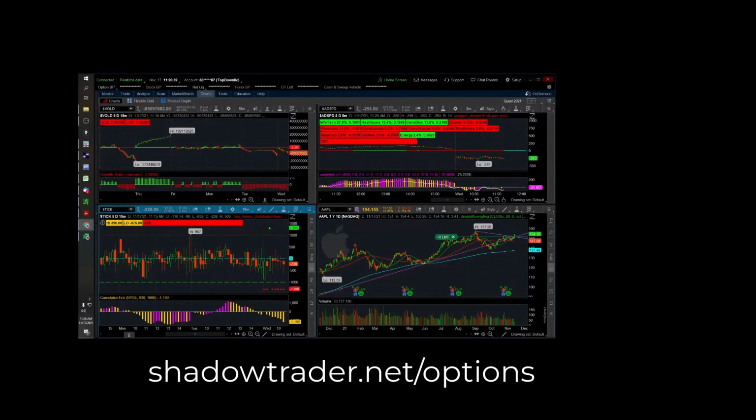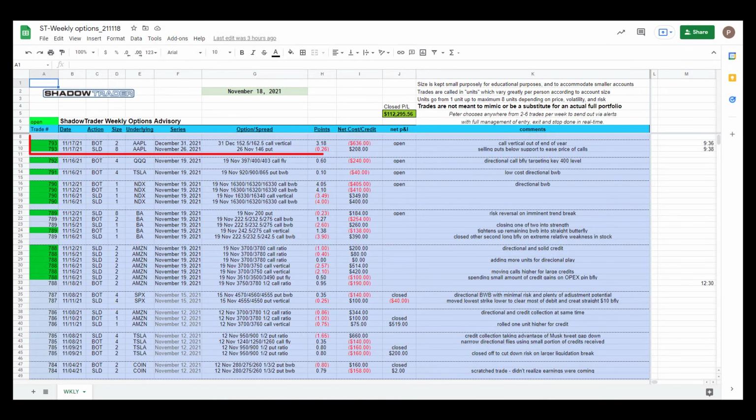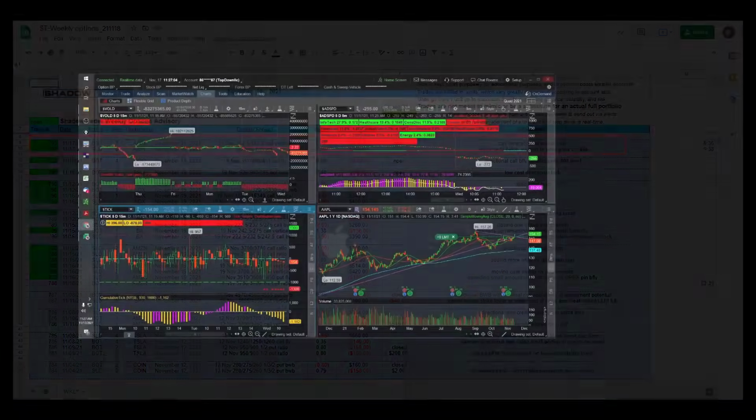Apple is a perfect example of that today. If I'm willing to pay $3 for a vertical that goes all the way out to December, and in your account the best you can do is maybe, I don't know, buy 50 shares, you should buy 50 shares. You should take that alert and be like, okay, I have a very tiny account, I can't do any of this, but I see what he's getting at here.